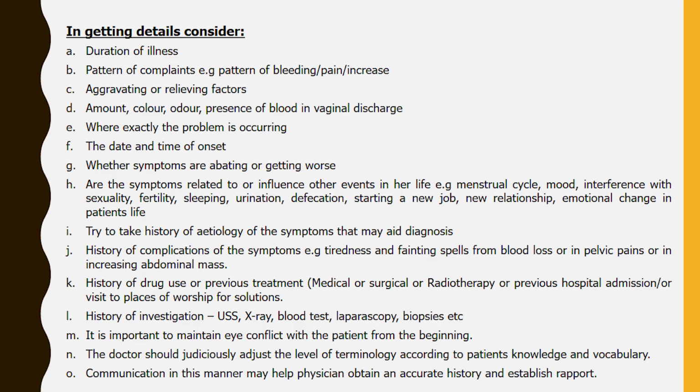Or how does it relate to the mood of the patient? How does it interfere with sexuality? Is there any pain during intercourse with it? Or is there any dysmenorrhea? Does it affect fertility? Is it associated with sleeping disorders, urination or defecation, or starting a new job, or a new relationship, an emotional change in the patient's life?